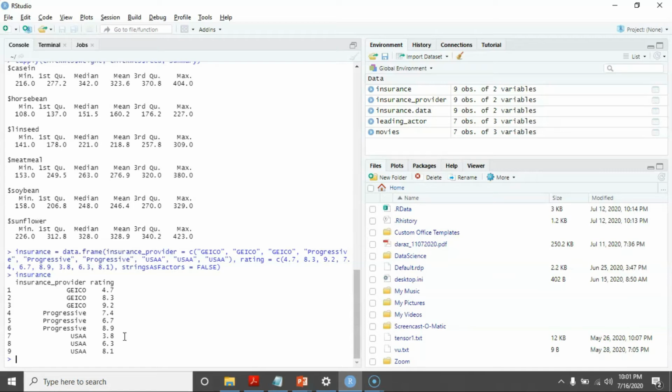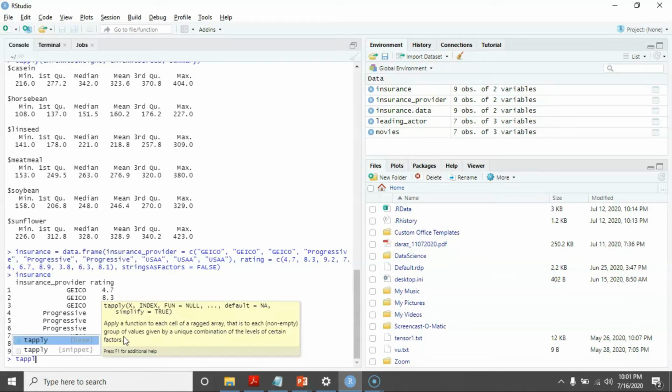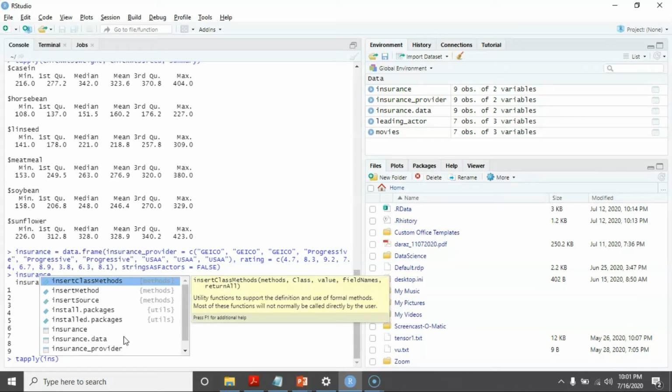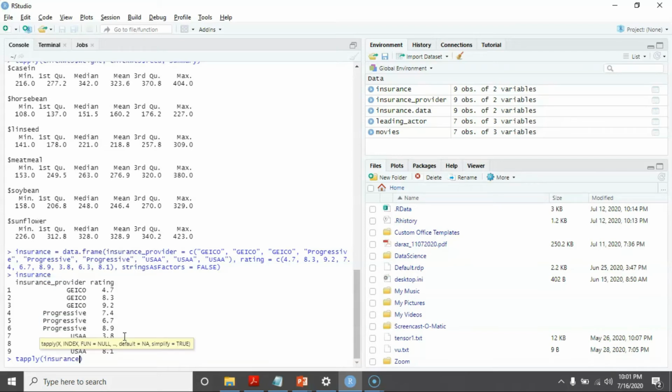Okay. So let's apply, again, I will be using the same function. Just tapply, and I will be using my new data set, which is actually the insurance data set. I will type insurance and we give you the data.